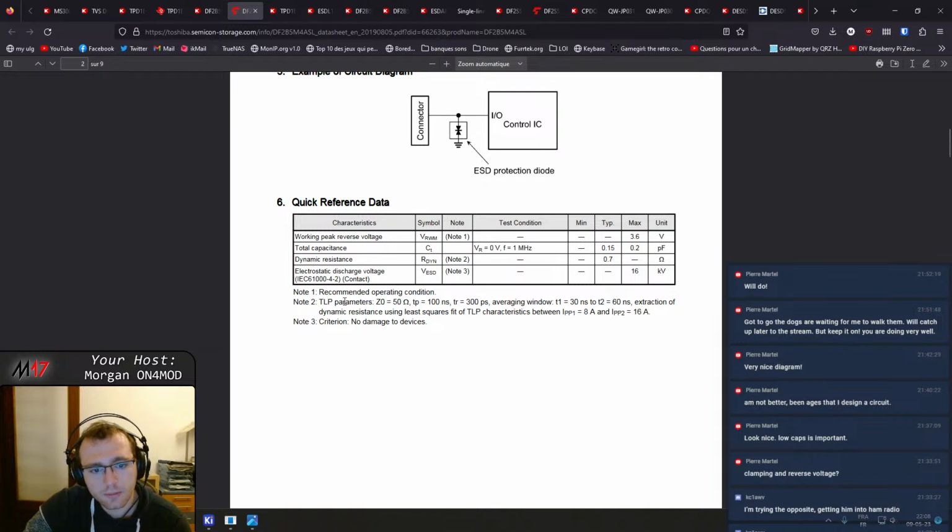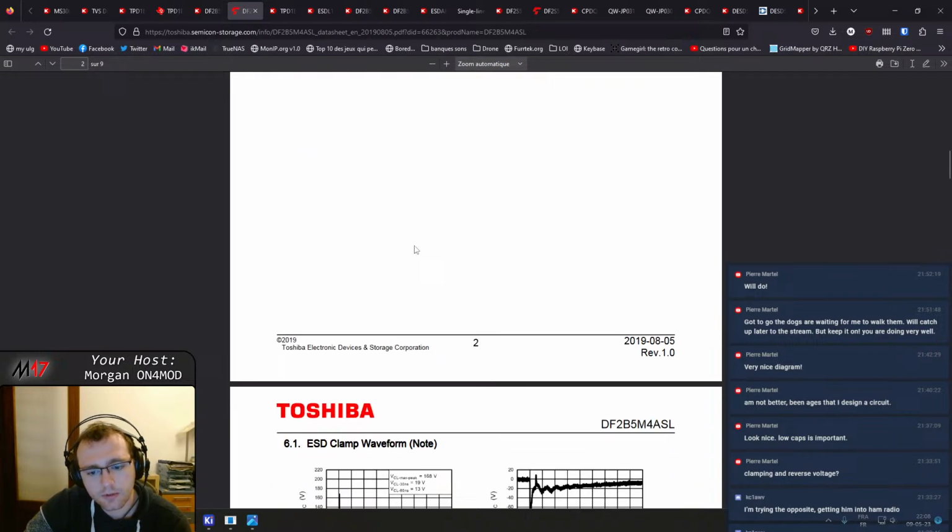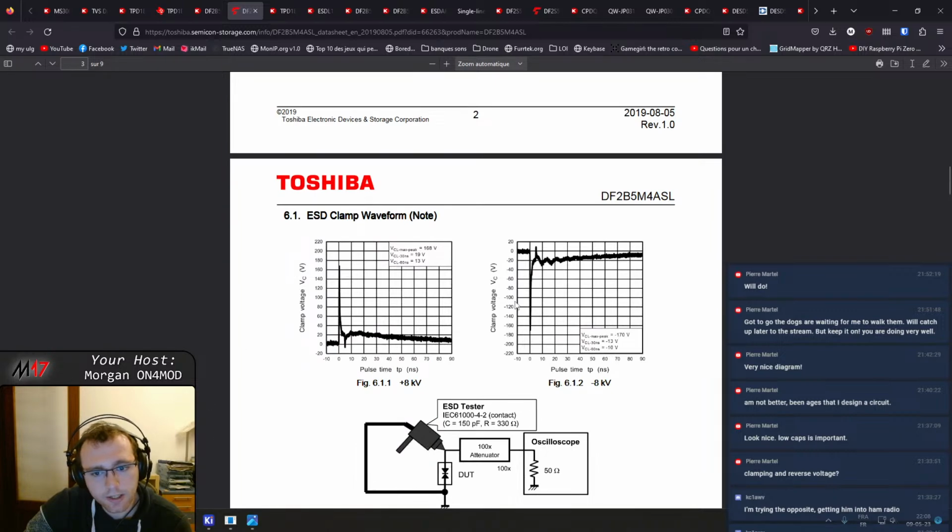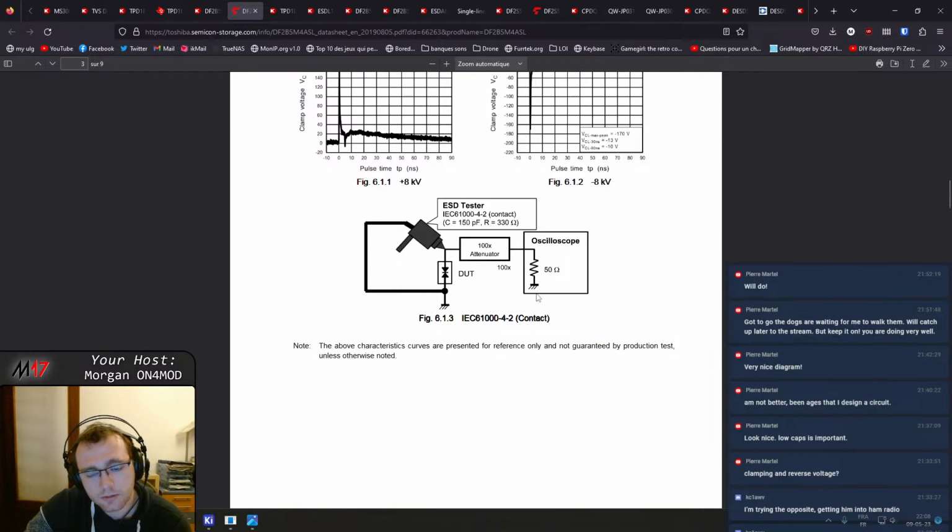Okay, TLP parameter, what is this node 2? Dynamic resistance, okay, if you want. So it is bidirectional.